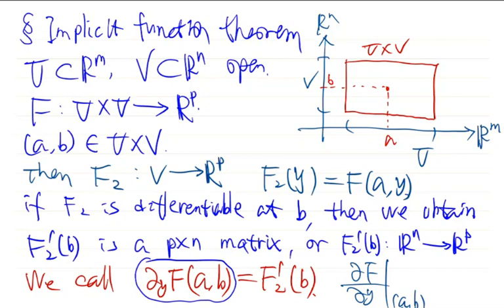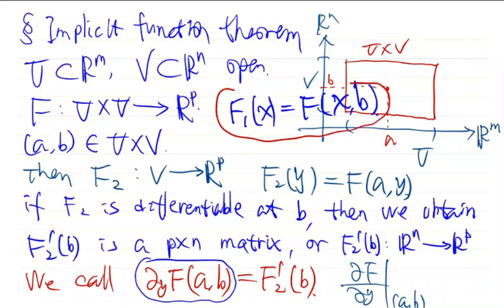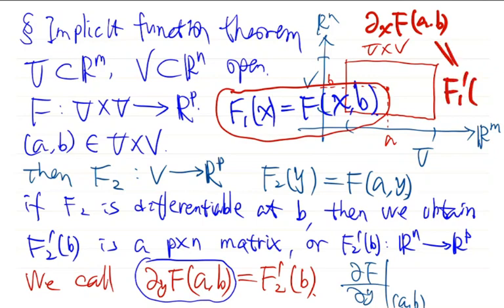Similarly, if we fix y to b, we obtain another map, F1(x) is F(x, b). If this map is differentiable at a, of course we have the partial derivative of capital F at the point (a, b) with respect to x. This is simply the derivative of F1 at a. Okay, so we have a partial derivative of vector-valued functions.